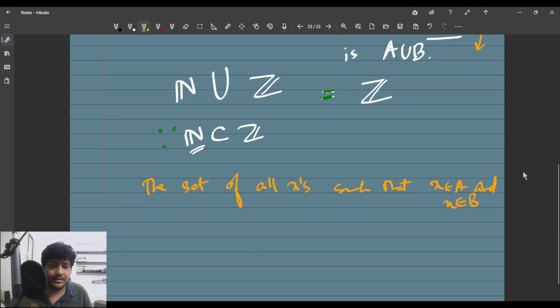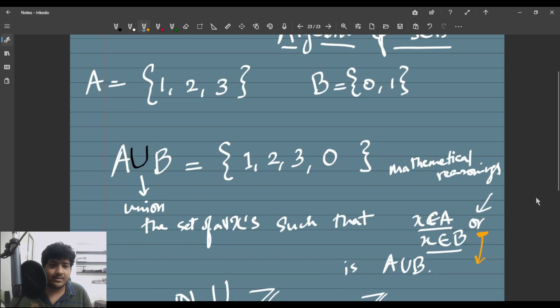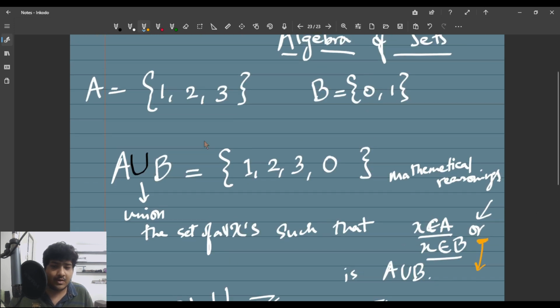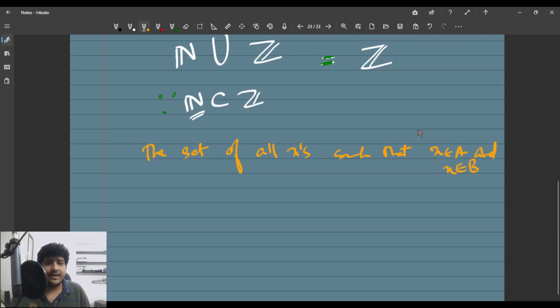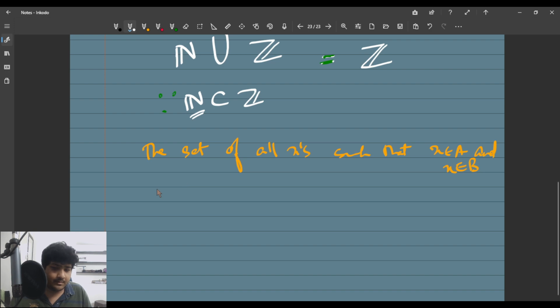So how will this look like? What will this look like for these two sets? So all such elements which are contained in both A and B should be in my new set, and I'll call this set the intersection. Intersection.